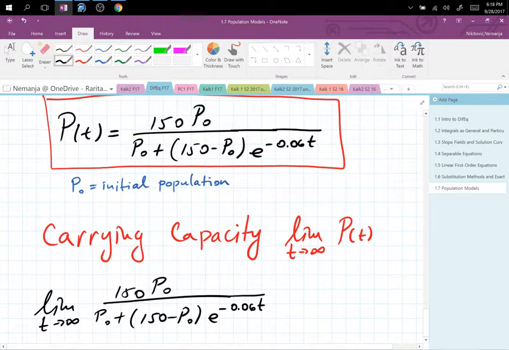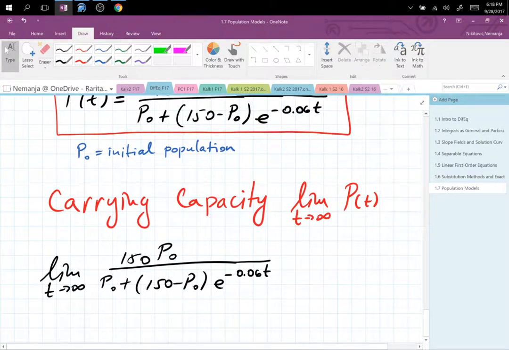When t goes to infinity, you get e to the negative infinity, and e to the negative infinity goes to 0.